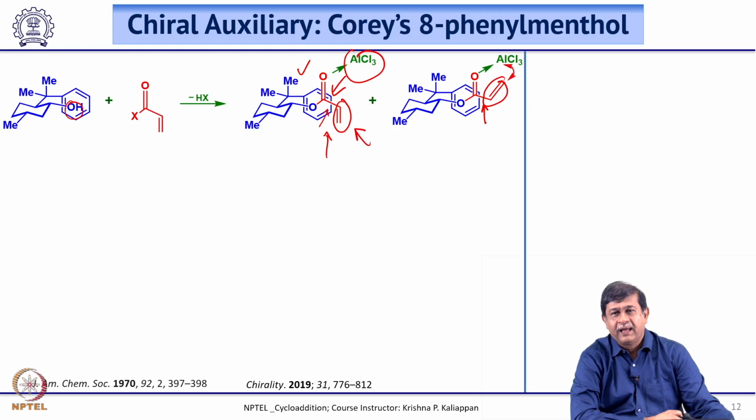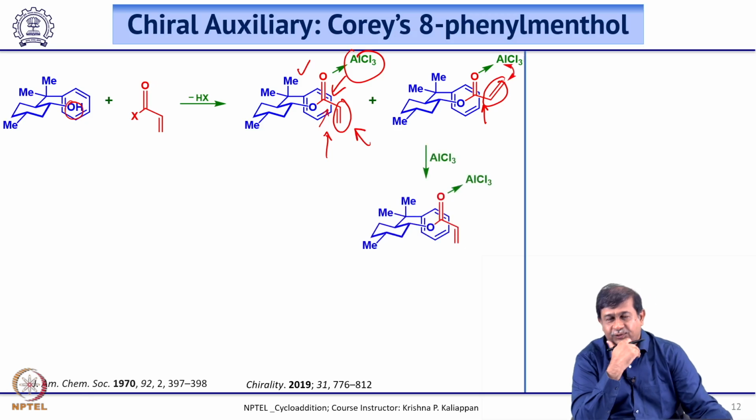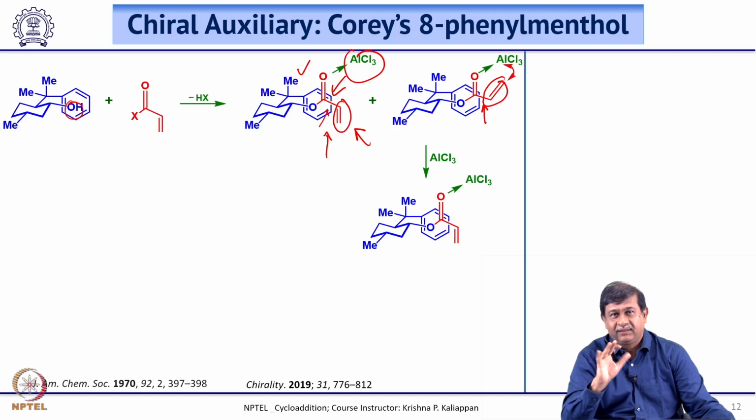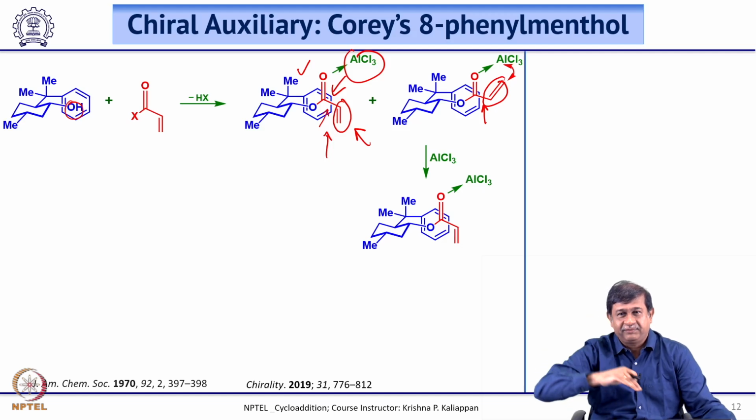Now, again there are two possibilities. You have the chiral auxiliary attached to the dienophile, and the dienophile coordinates with aluminum chloride. Now the diene has to approach. Earlier we discussed that the diene can approach the dienophile from the front or back side, or from the top or from the bottom.